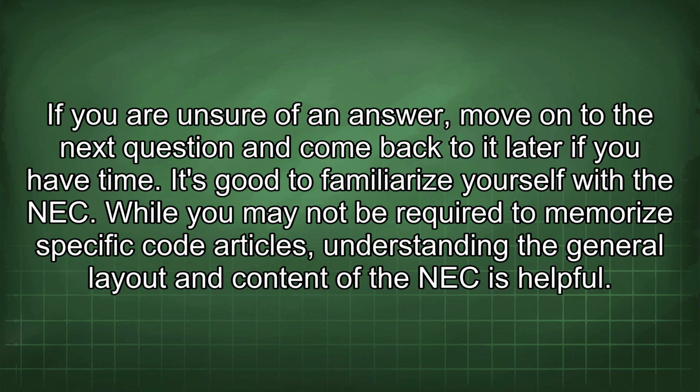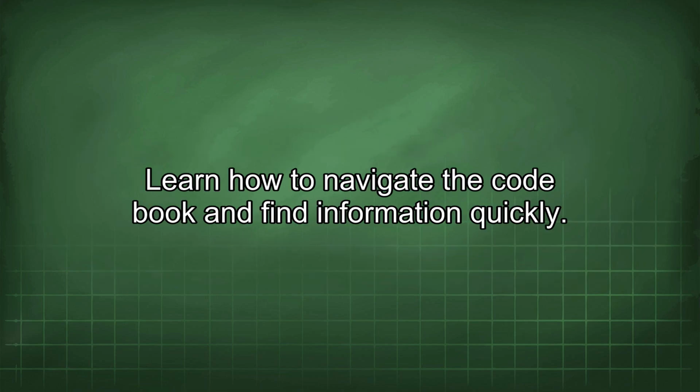While you may not be required to memorize specific code articles, understanding the general layout and content of the NEC is helpful. Learn how to navigate the codebook and find information quickly.